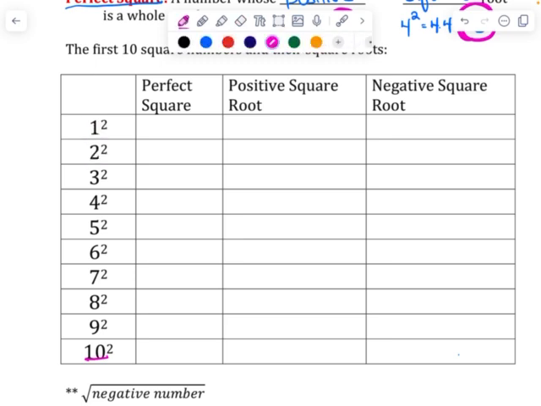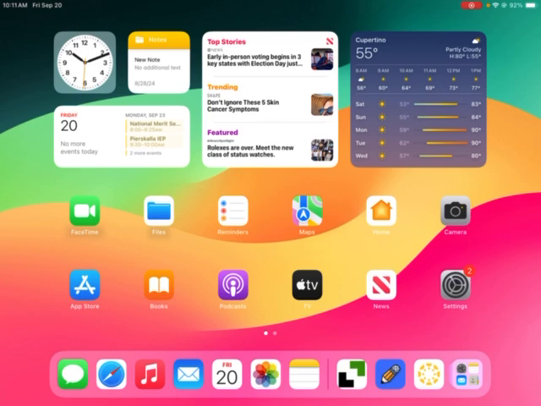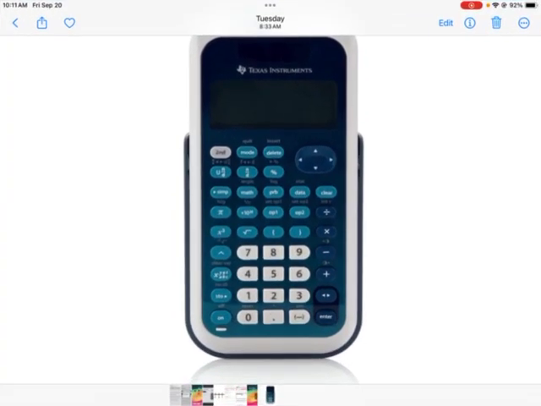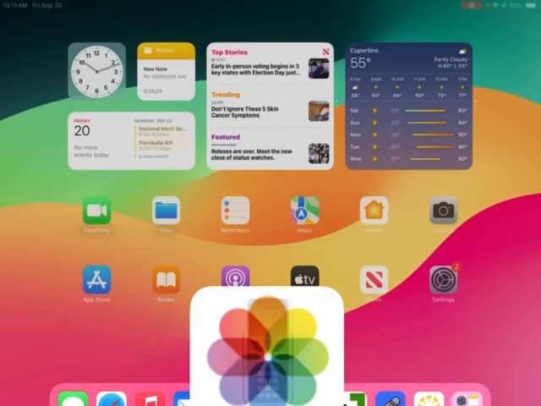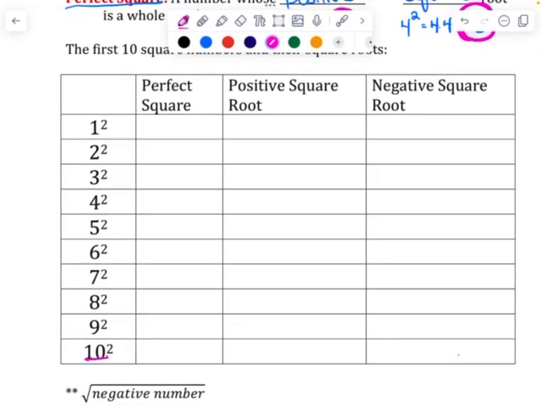I will show you how on the calculator. We'll hit the value, the base, and then for the square, either the caret or the exponent of 2 on the x. If you hit the caret, we'll hit 2 for the exponent, and then hit enter, and we should get our perfect square.